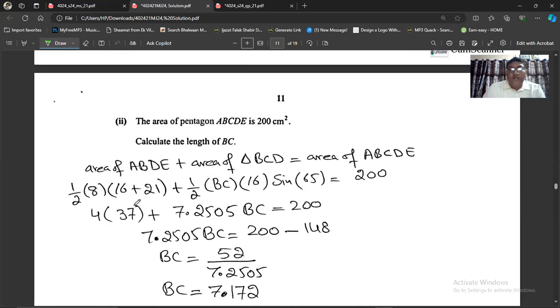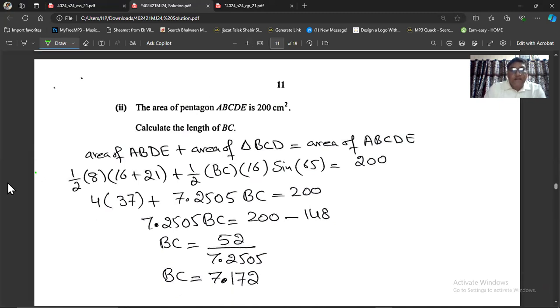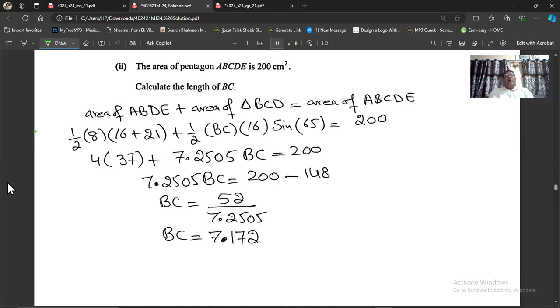Okay, so here we go. The area of the trapezium ABDE plus the area of the triangle BCD will be equal to the area of the pentagon ABCDE. The area of ABCDE is 200. The area of the trapezium will be 1 by 2 into 8 into the sum of 16 and 21, plus the area of the triangle will be 1 by 2 BC multiply 16 multiply the sine of 65.